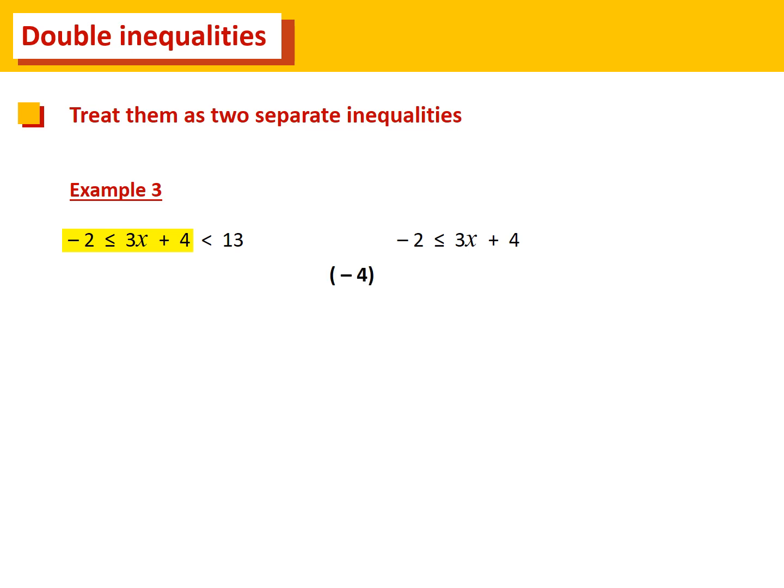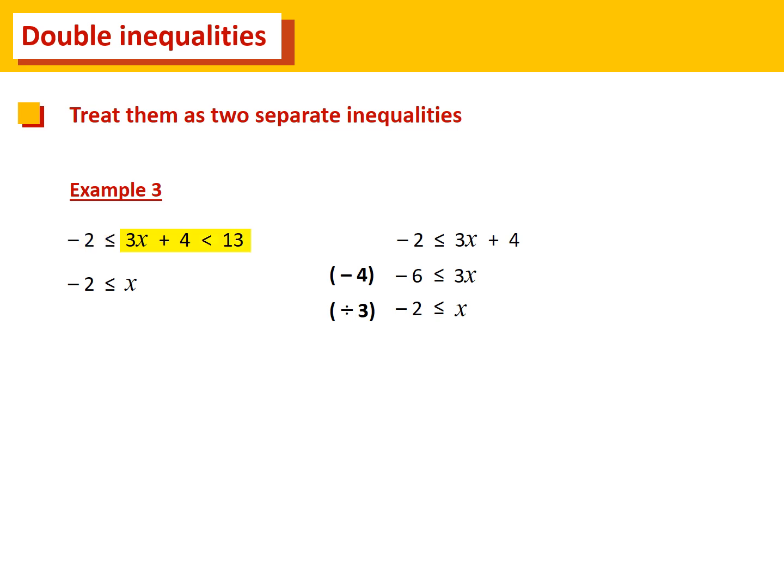So we would subtract 4 from both sides, negative 6 less than or equal to 3x, and then dividing by 3, because we want to go from 3x to 1x, divide both sides by 3, and on the left-hand side we're left with negative 2, and that's less than or equal to x. So that's 1/2 of our answer, and I'll just put that over there underneath the question.